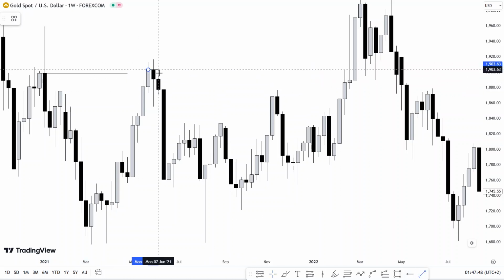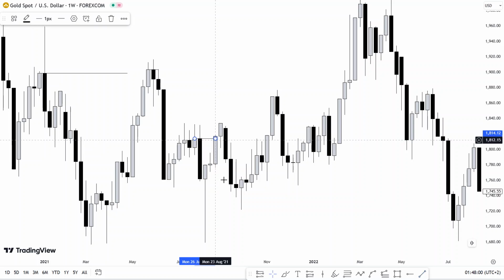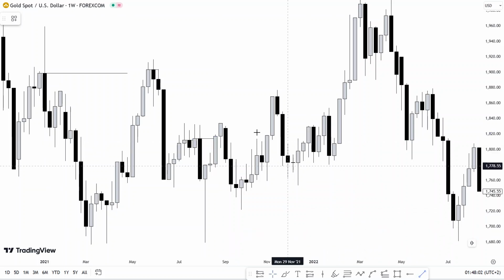Buy and then sell right here. Right here as well. We're not focusing on whether price respected it the way it should. So you see this, you should practice seeing this thing, buy, sell.